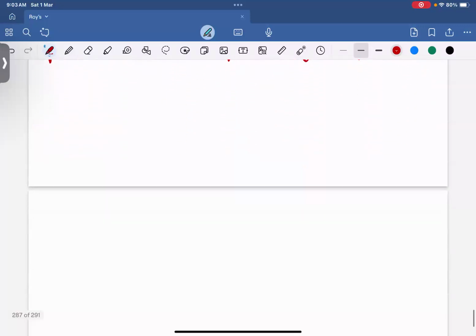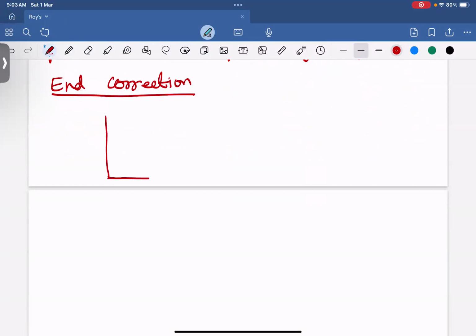here is one concept of end correction, in both kinds of pipe, open organ pipe or closed organ pipe. What happens if you have a closed pipe? Then the air does not stop at the top.